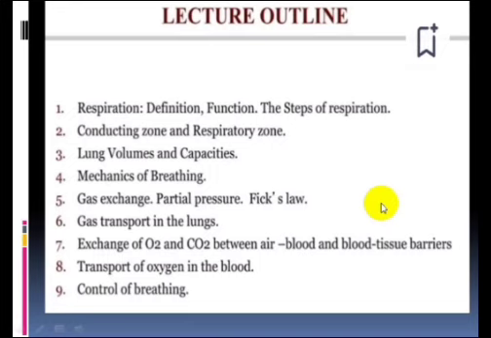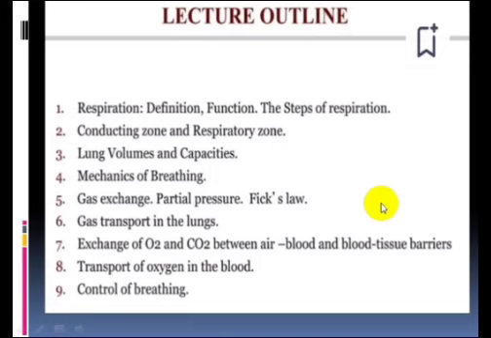Gaseous exchange. Transport of gases between the lungs, the blood, and body cells, tissues, and organ systems. How this gas you take in is transported through the blood to reach your body cells, tissues, and organs.